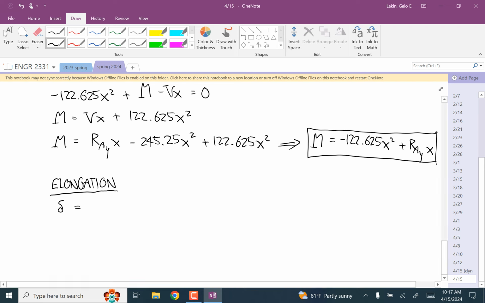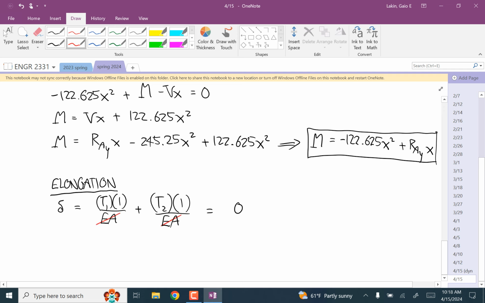So we have T1 times 1 over EA plus T2 times 1 over EA has to be equal to 0. Since the cross-sectional area and Young's modulus don't change, this is a case where we don't need these.